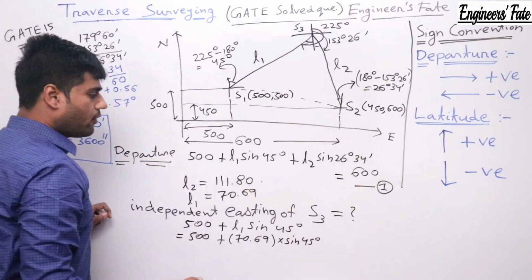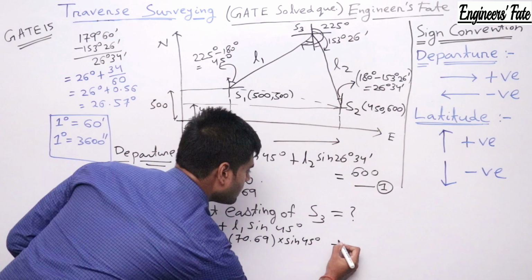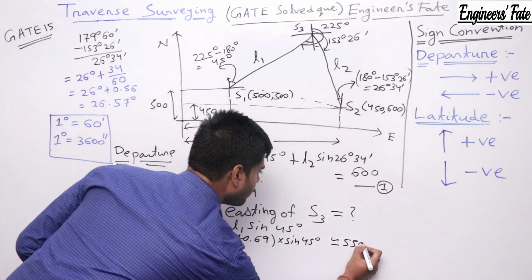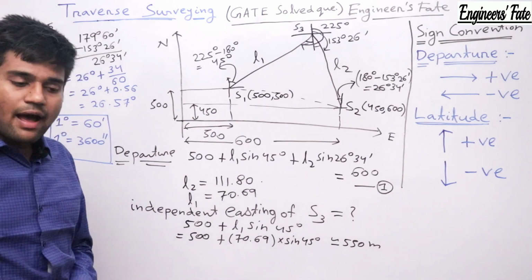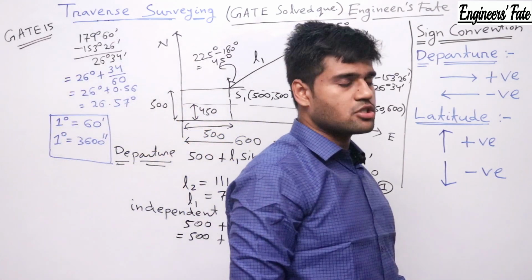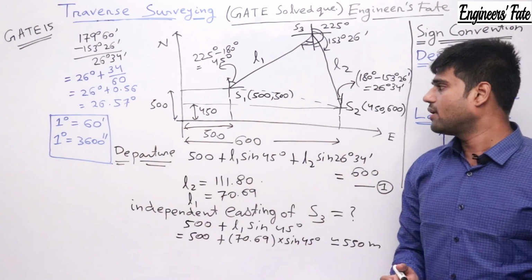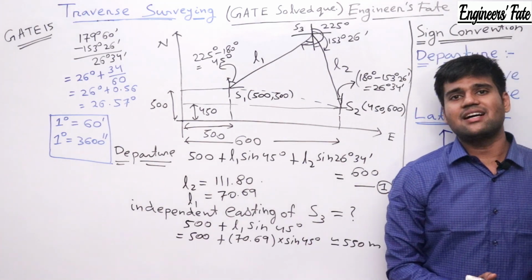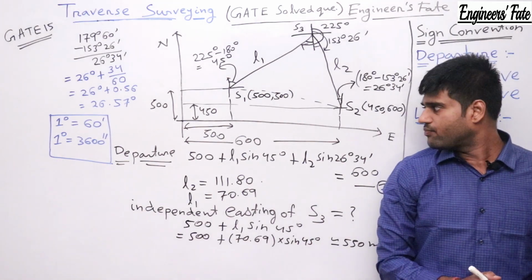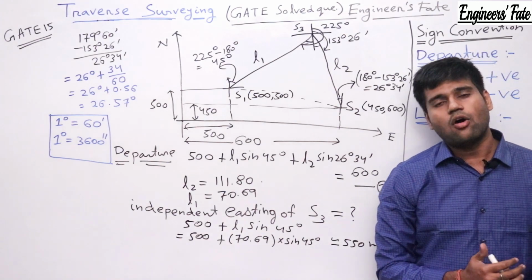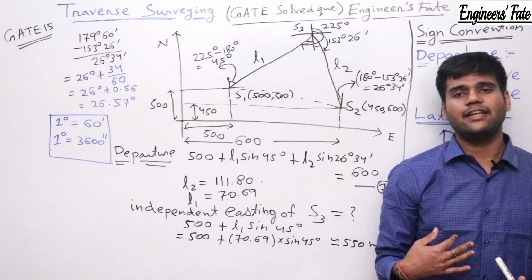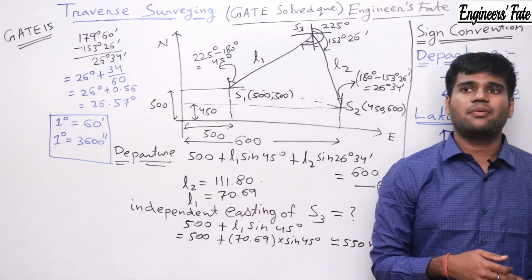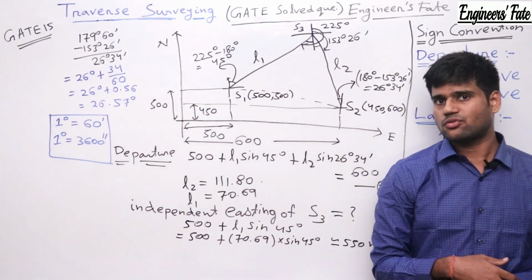If you solve, you will get the answer as 550 meter. So I hope you have understood this question, a very important question, with a very good chance of being asked in future. I have put in all those efforts and tried to explain it in a very simplified manner. So please note down this question.